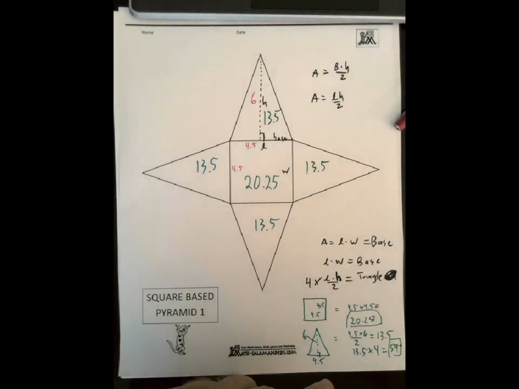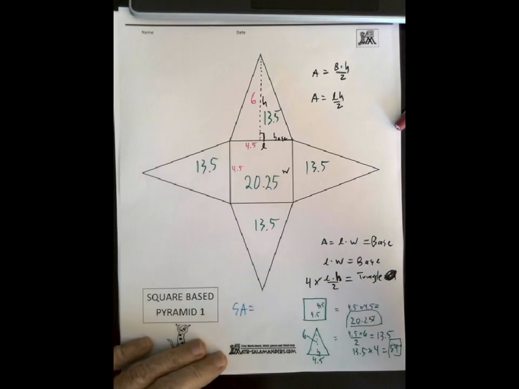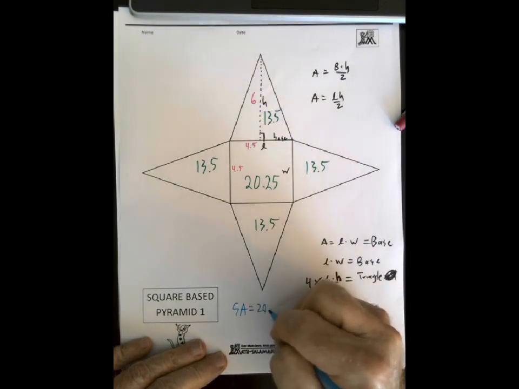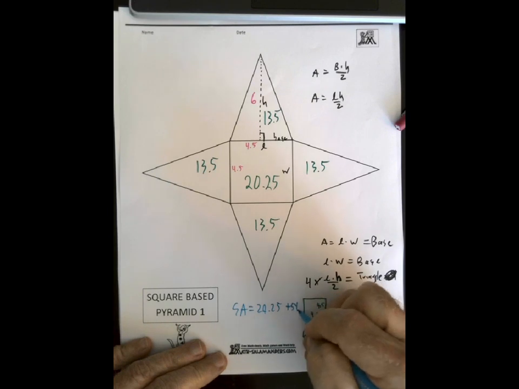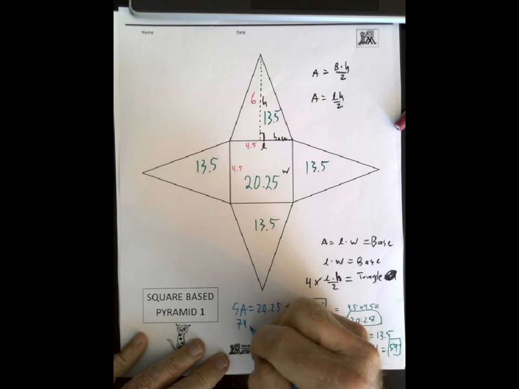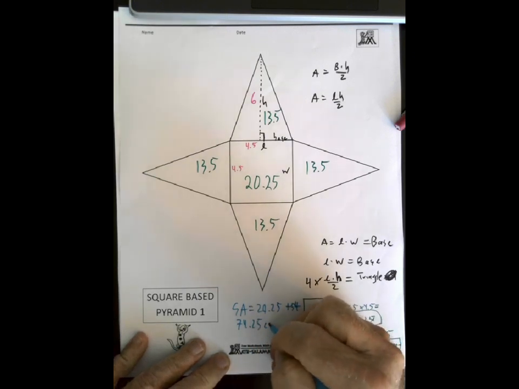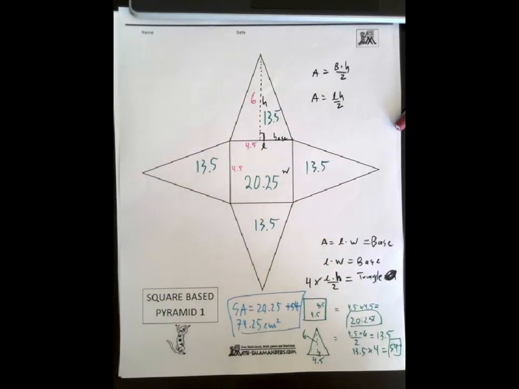So we can go ahead and add those together. The total surface area is 20.25 plus 54, that's 74.25 square centimeters, because we're adding up area, not volume.